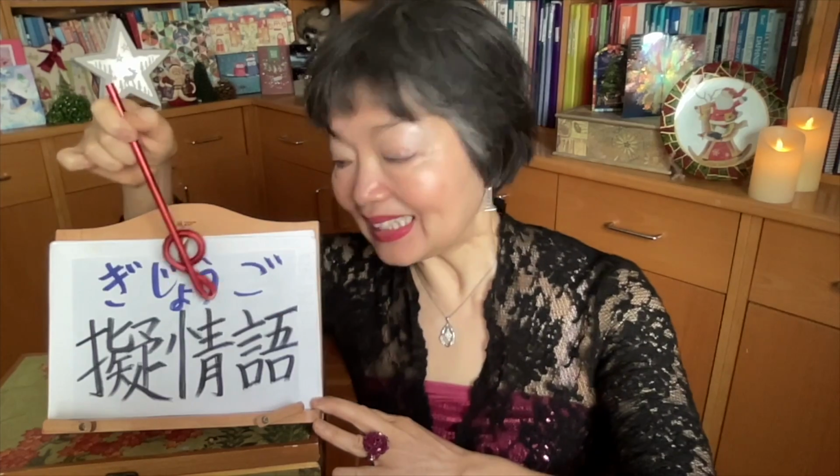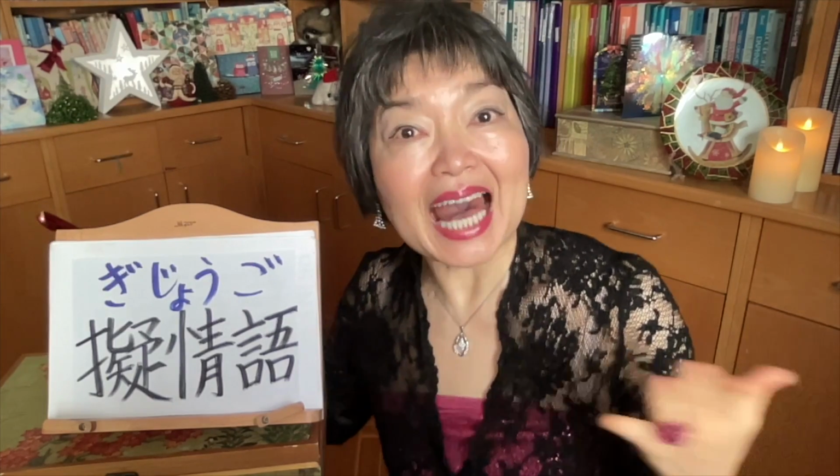For example, buru buru or nika nika. Gijogo, this jo means our feelings, emotions. So gijogo expresses our feelings. For example, oh, イライラ、イライラ. Or ワクワク、ワクワク.